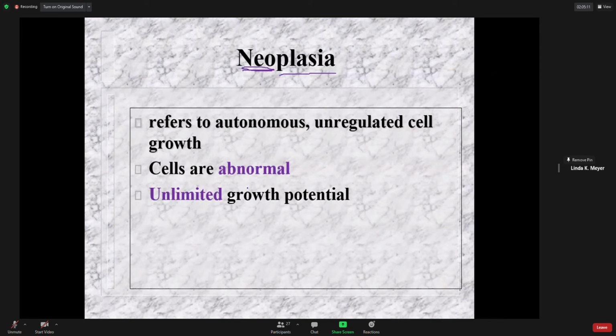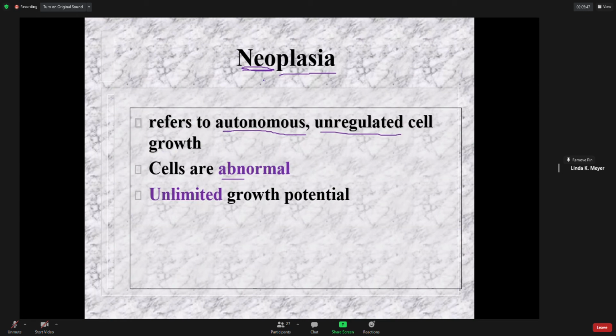But what's different is the cells making up this growth are abnormal. So the genetic material in our cells is triggered to change from normal to abnormal, and we end up getting these different growths that are independent and not regulated by our normal cell controls.